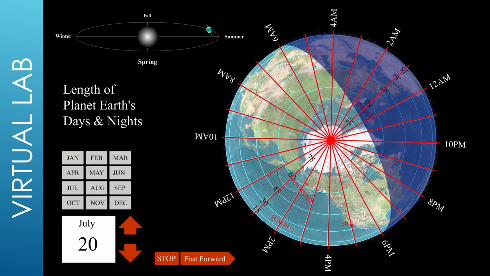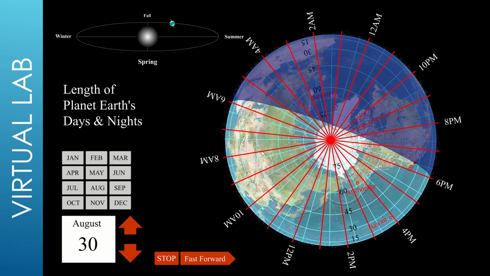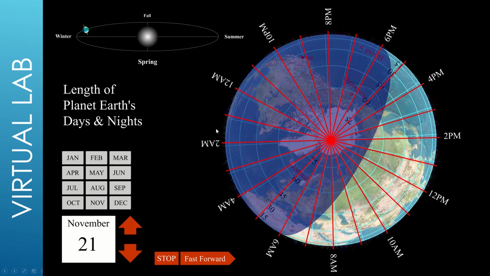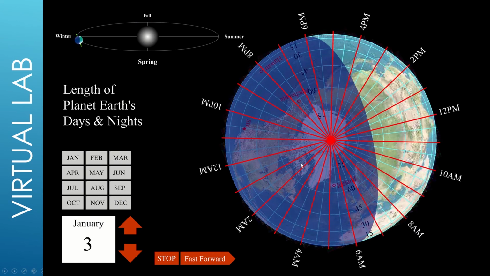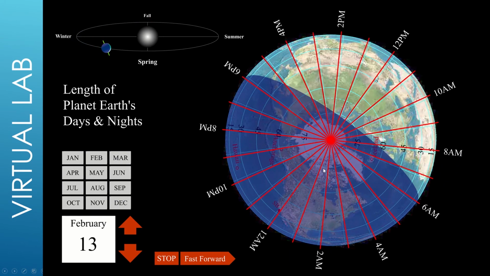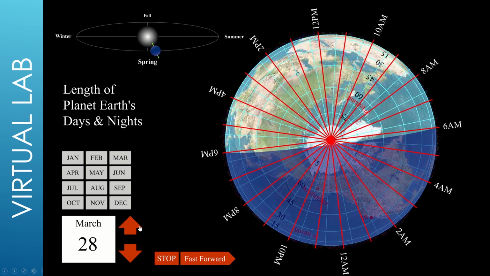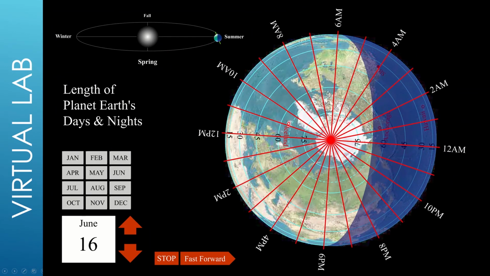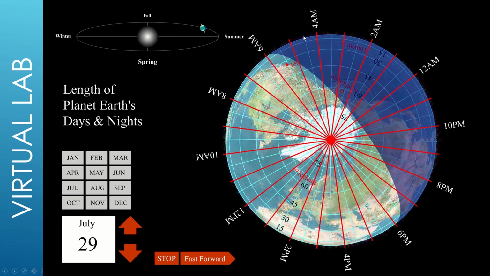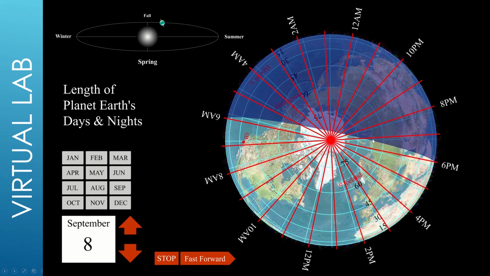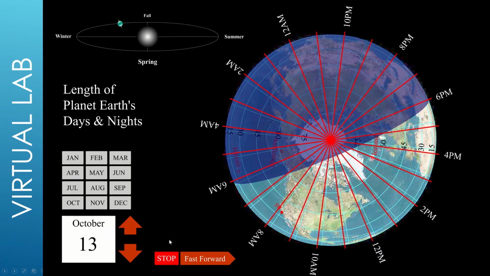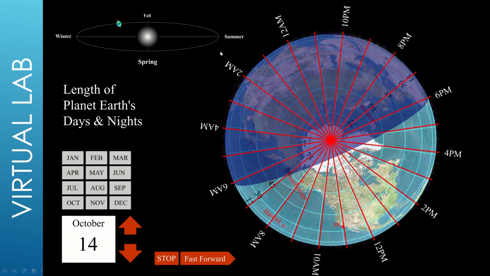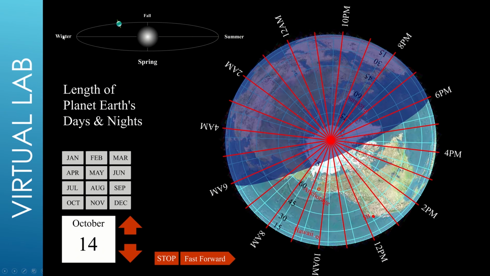Now, I'm showing you a difference in the length of the planet's Earth day and night. So as our planet moves, because of the axis, as we move into winter, that Arctic Circle right here is going to have 24 hours of sunlight. And so as we move from summer, where we have 24 hours of daylight because of the angle of the Earth's axis, we'll actually see right there that the Earth just isn't getting the amount of sunlight that it would need.